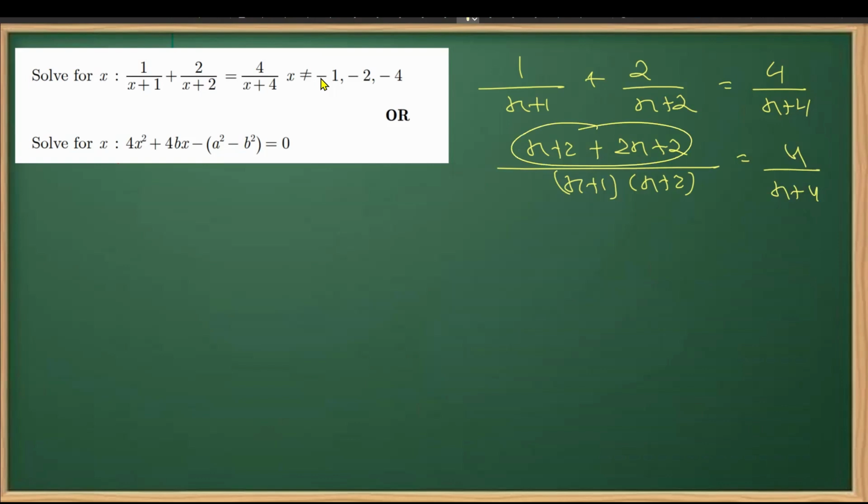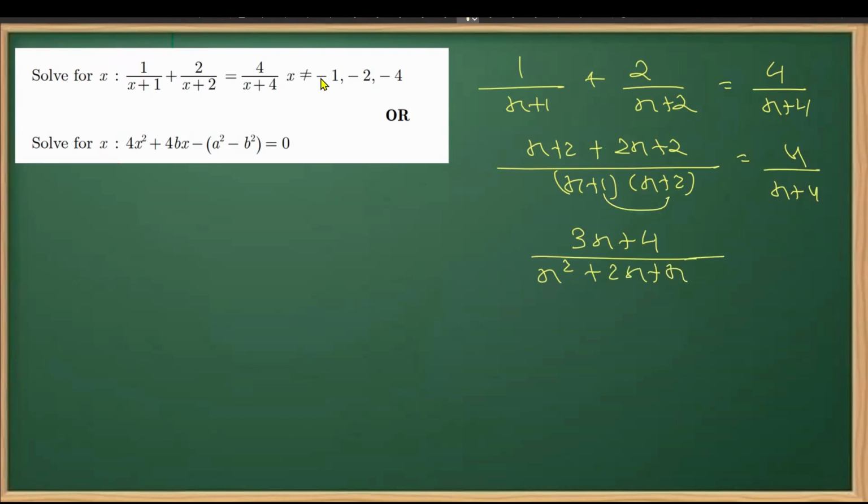Now we have some like terms here. x plus 2x is 3x, and 2 plus 2 is 4. Below, I am opening this bracket: x multiplied with x gives x square, x with 2 is 2x, 1 with x is x, and finally 1 with 2 is 2. On the other side we have 4 over x plus 4.